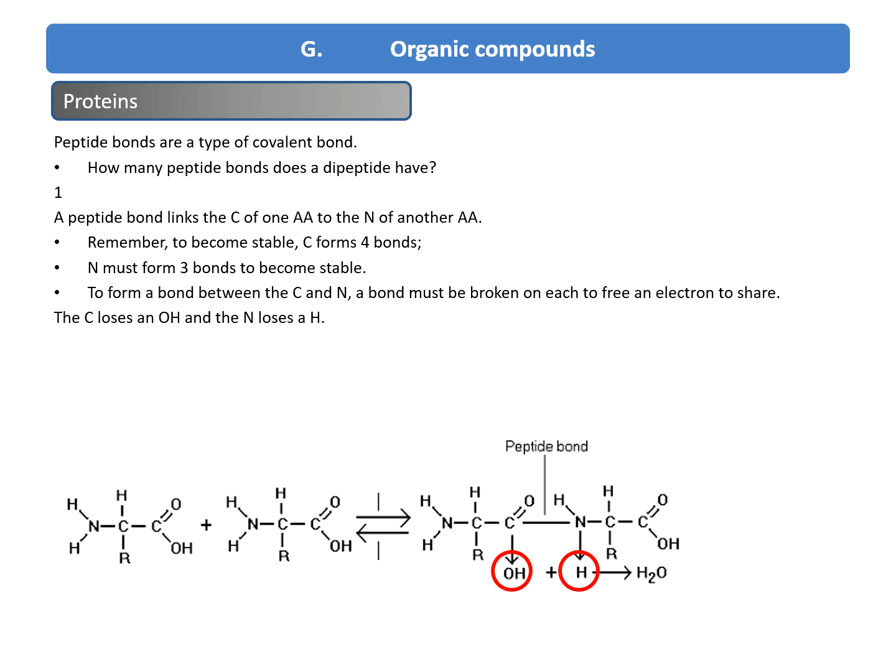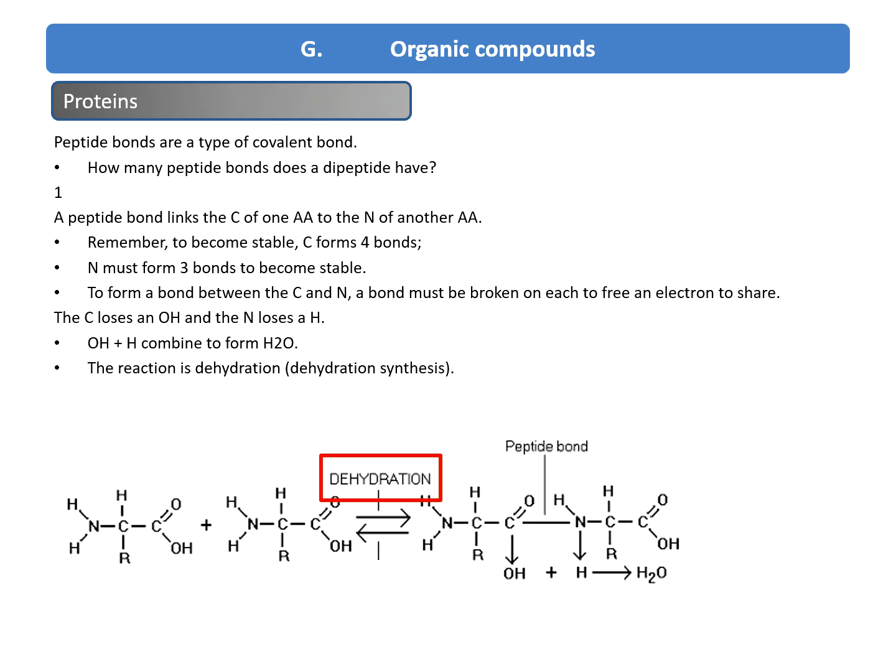The carbon loses an OH, and the nitrogen loses a hydrogen. The OH and H combine to form water. The reaction is dehydration, or dehydration synthesis, the removal of water to link two molecules.